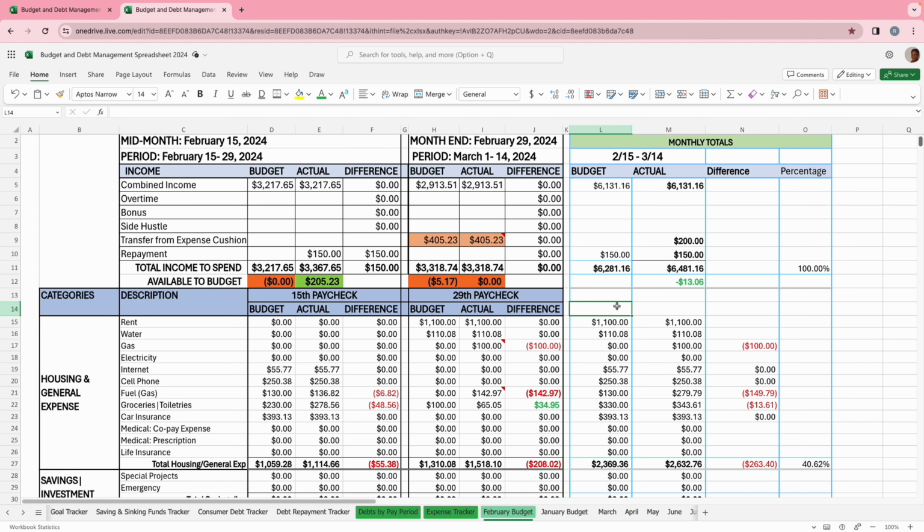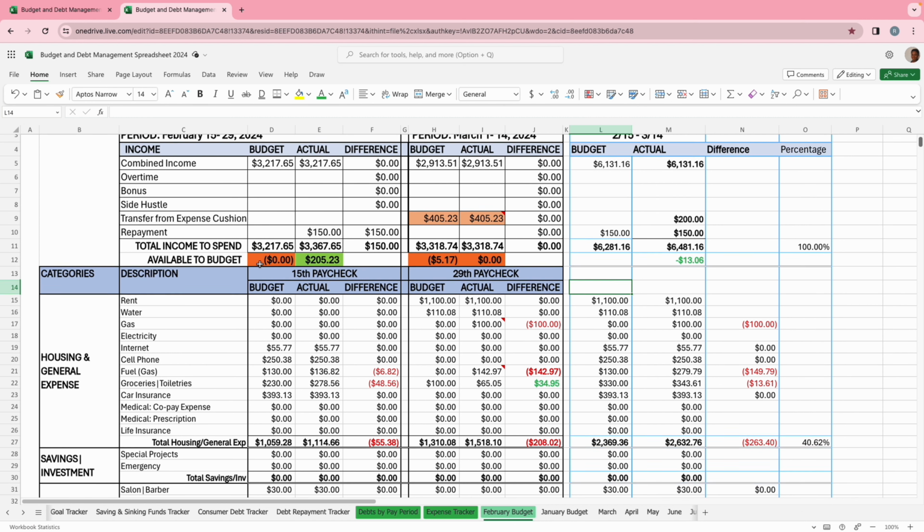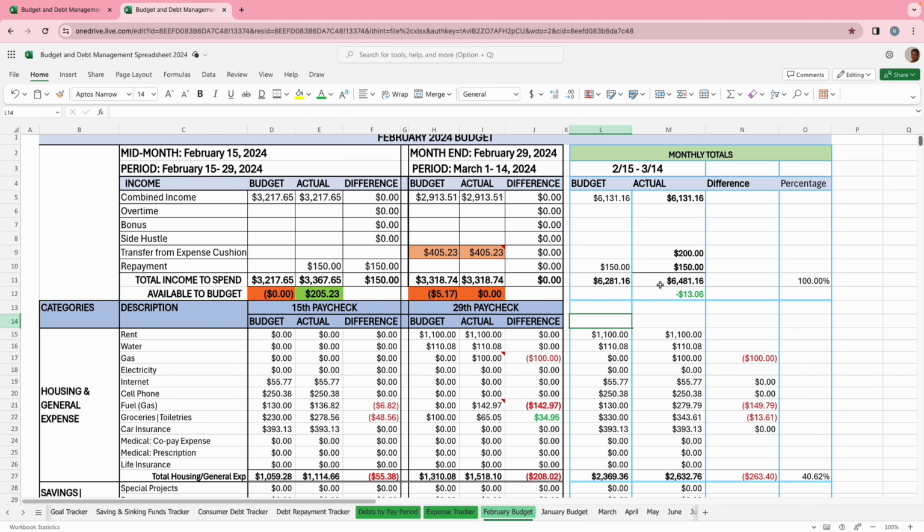I budgeted $6,281.18 for income for the month of February. The actual income was $6,481.16, and the actual is based on repayment for cell phone and the amount that I transferred from my expense cushion.